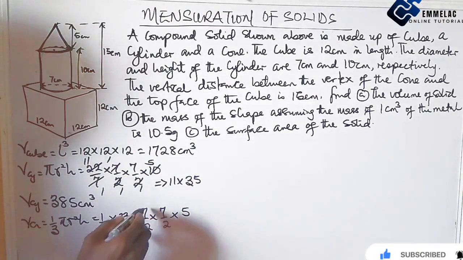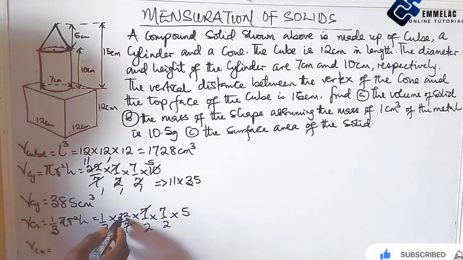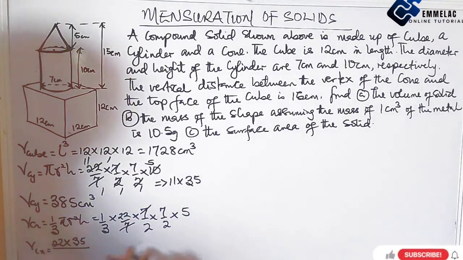So 7 and 7 cancel out, and we are left with the volume of the cone as 22 times 35 over 12.